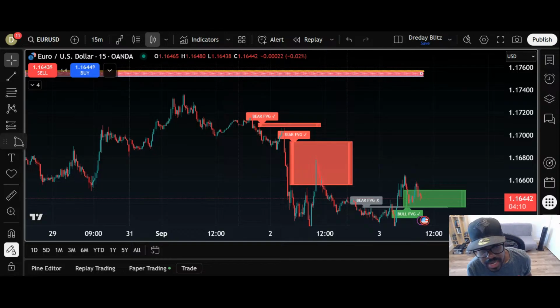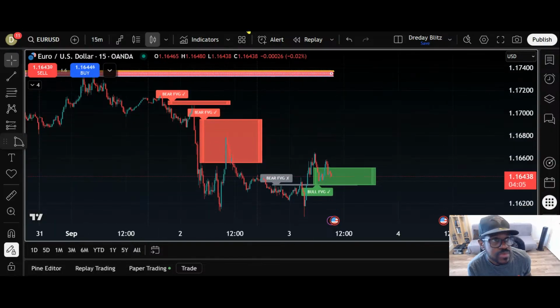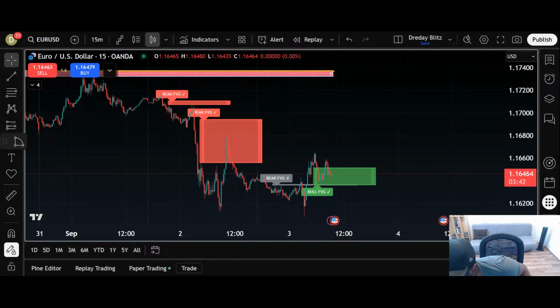All right, so this is the fair value gap indicator. Okay, perfect.